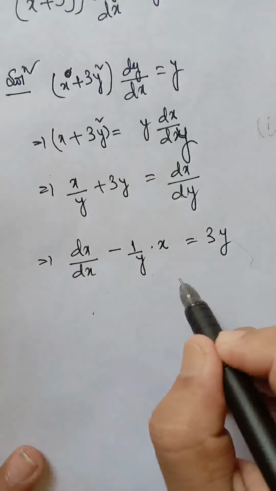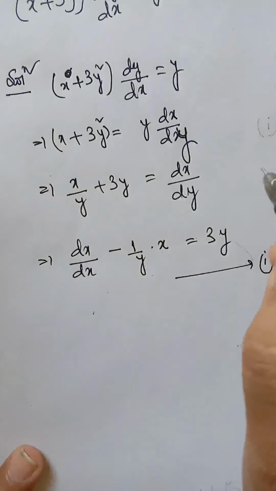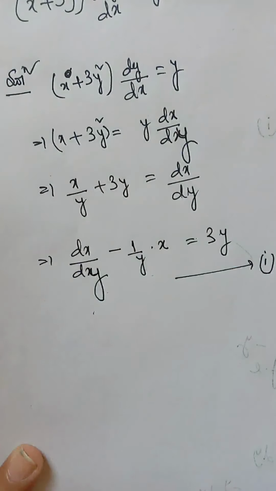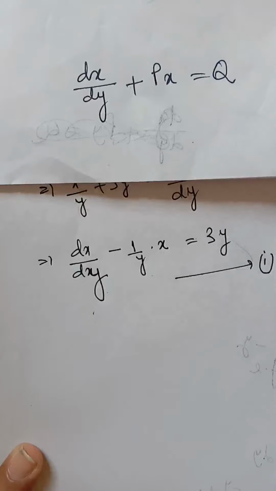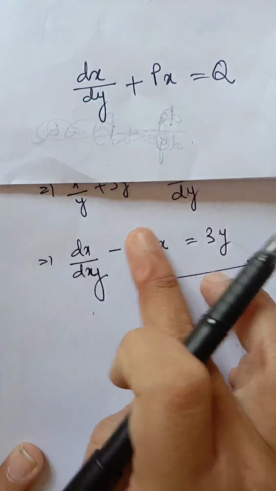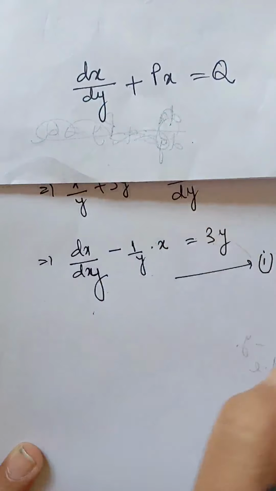Now this is of the form dx/dy plus px equal to q. This is our p, which is a function of y, this is q, which is a function of y.